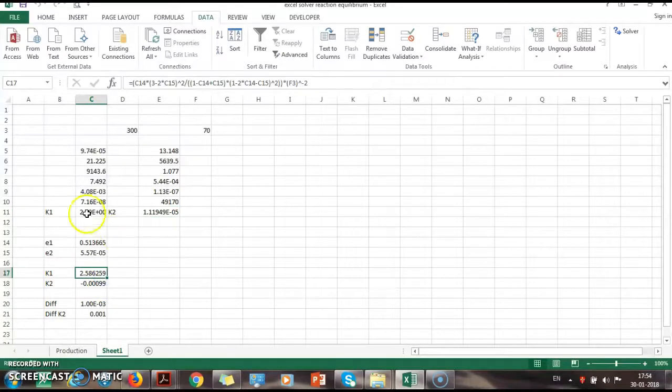This is my K1, and this is almost 0. So this K2 is almost 0, and my epsilon 1 is 0.5, whereas epsilon 2 is very small. However, what I could see is there are some issues with the data which we have. So after some trial and error, so that you'll be able to get an actual picture, I have manipulated one of the constants of K2 as a function of temperature, so I get some values of K1 and K2 which are comparable with each other.